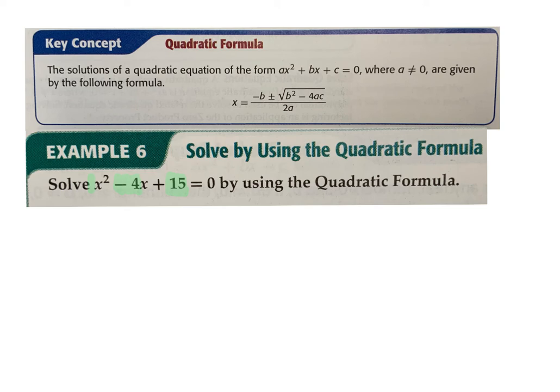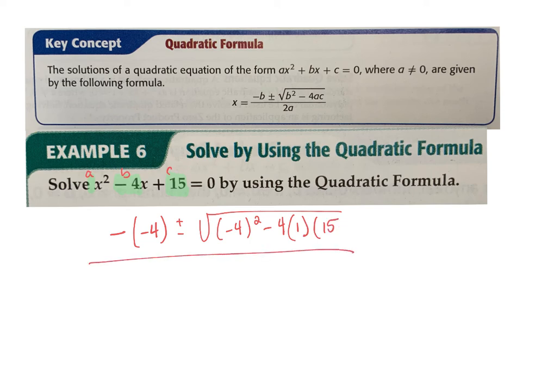So negative b, all right? This is a, this is b, this is c. Plus or minus the square root of b squared, negative 4 squared, minus 4 times a times c, all over 2 times a. All right, this is just simplifying at this point.